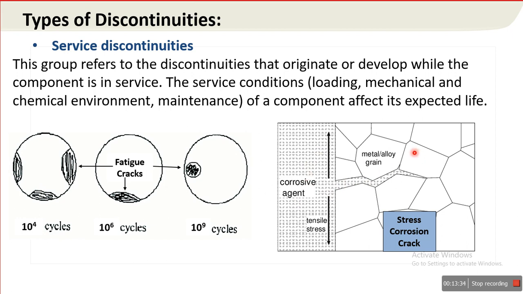Suppose your component is subjected to an extreme corrosive agent on either side, and suppose a minor crack is present on the surface of the component, then this corrosive agent is responsible to propagate that crack inside the component, and it may fail your component during the service. So these are a few examples of service discontinuities.